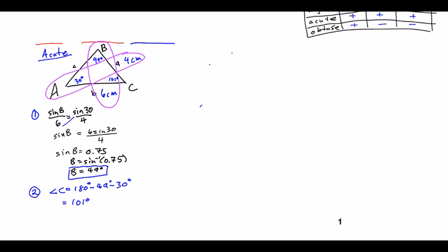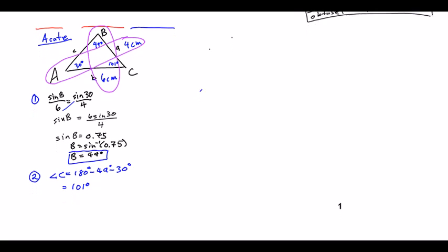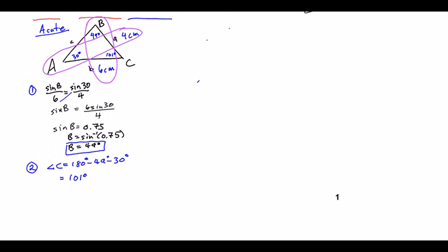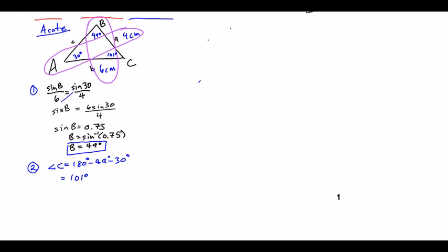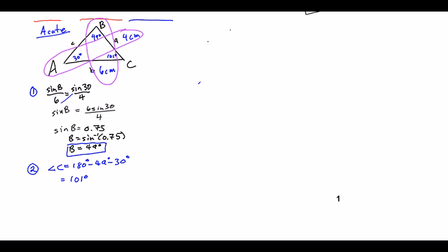Step 3 is this: use your sine sausage to find your last side, which is side C. We get C over sine 101 is 4 over sine 30.